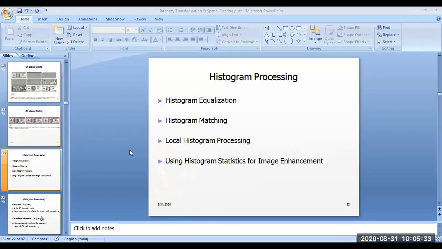So today the new concept is histogram processing.